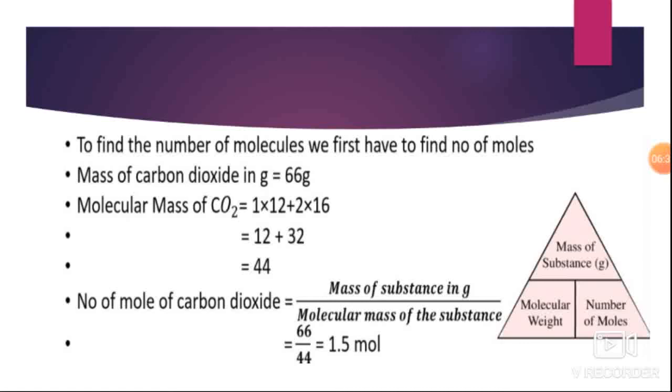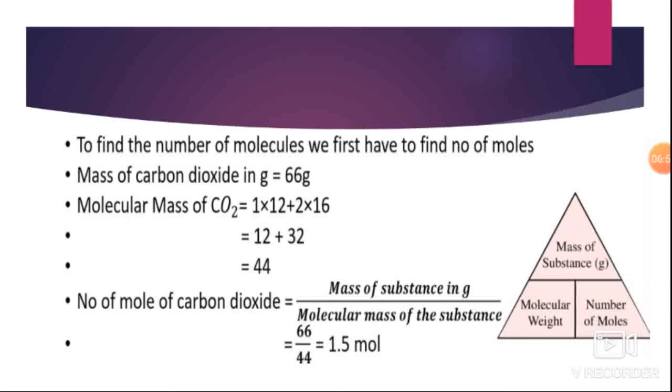So the number of moles of carbon dioxide is equal to the mass of the substance in grams upon the molecular mass of the substance, as I have told you. That is 66 upon 44. The mass of the substance in grams, 66 grams, is given in the question, and the molecular mass is 44.